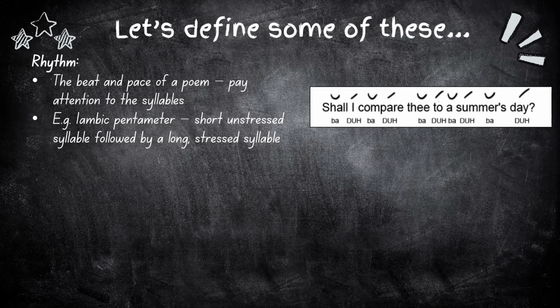So it creates a bada, bada, bada, bada, or da-dum, da-dum, da-dum type of rhythm, where one syllable, like shall, is short and is said in a short manner, and I is actually stressed, so it sounds like a longer syllable.